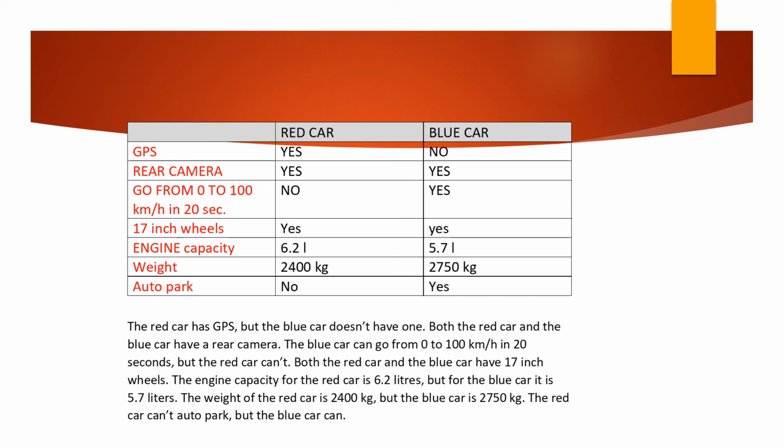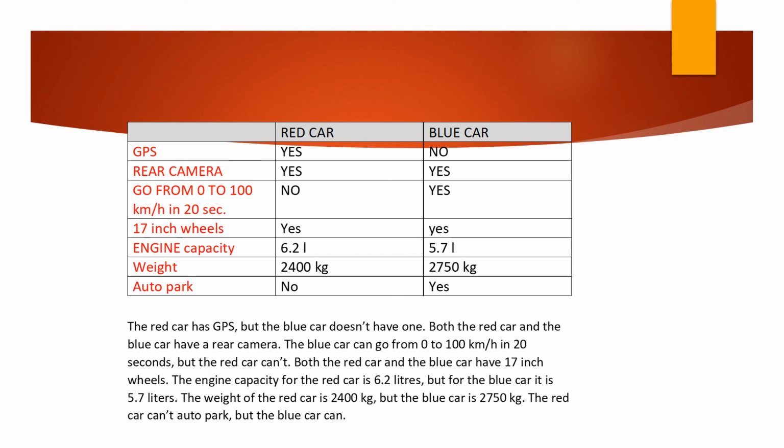The engine capacity for the red car is 6.2 liters, but for the blue car it is 5.7 liters. The weight of the red car is 2,400 kilograms, but the blue car is 2,750 kilograms. The red car can't auto park, but the blue car can.